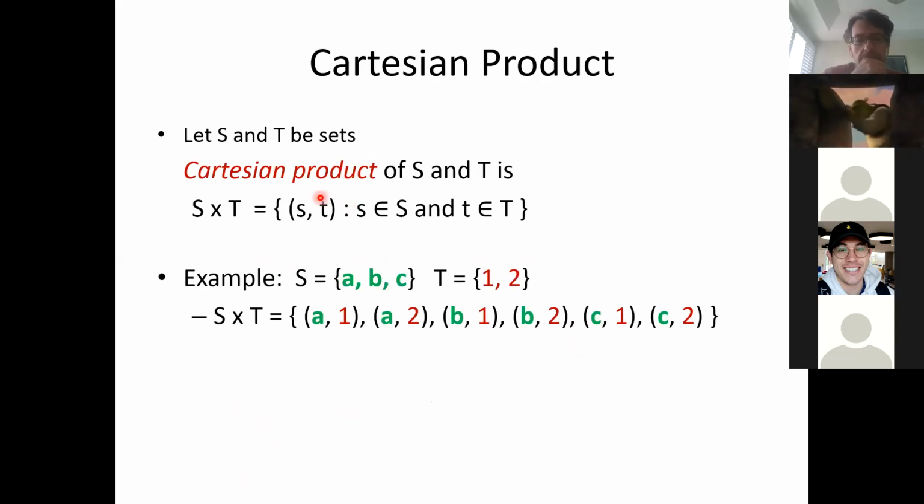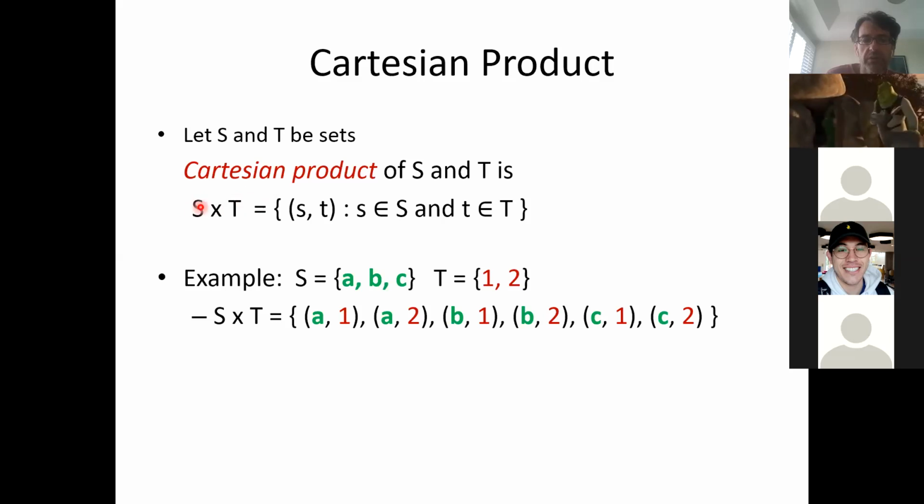Cartesian products. I can take 2 sets, and the Cartesian product of 2 sets, denoted by this product symbol, is a set of ordered pairs such that, here is the set builder notation. What is that object?